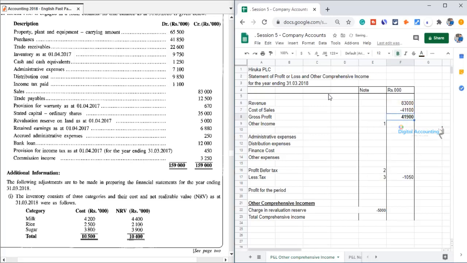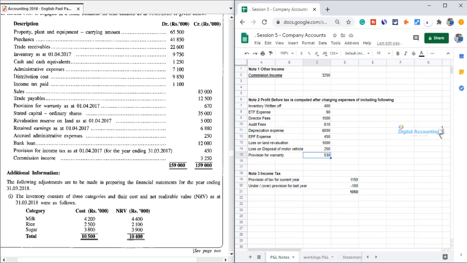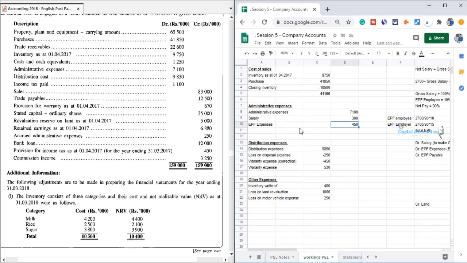So gross profit is 41,900. Another income we can take from P&L notes, commission income 3,250. So administrative expenses, the total is 7,850. And distribution expenses 9,680.